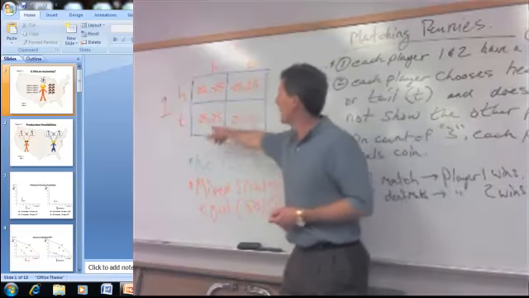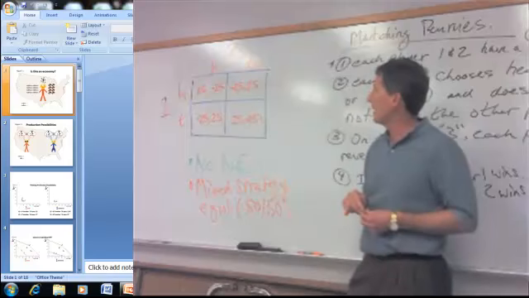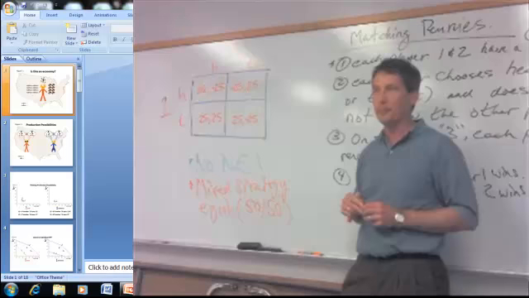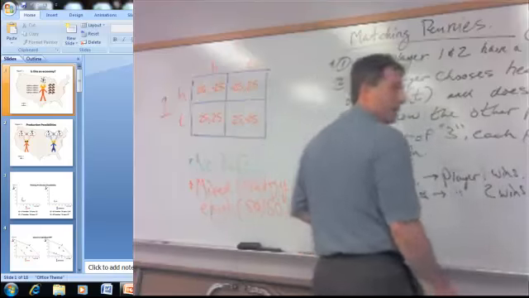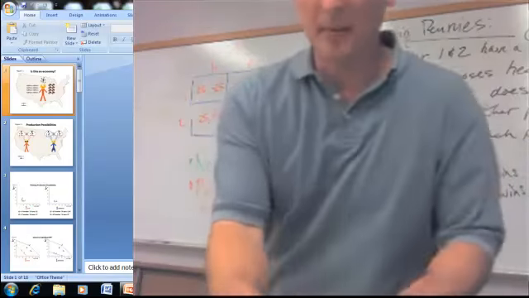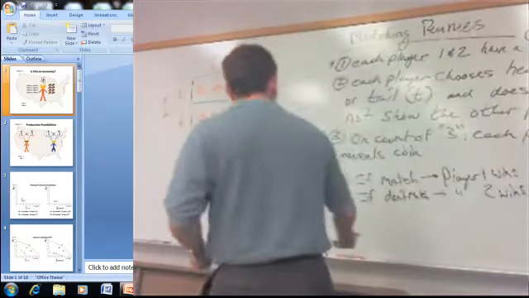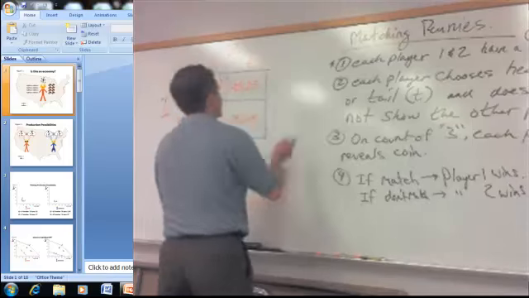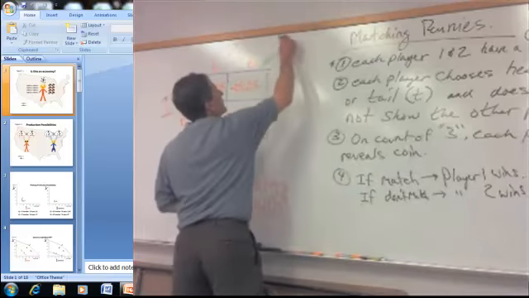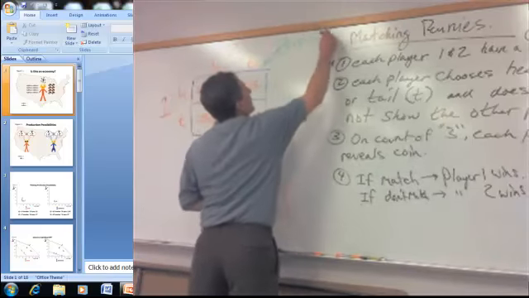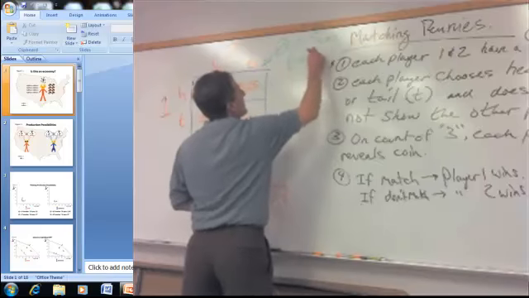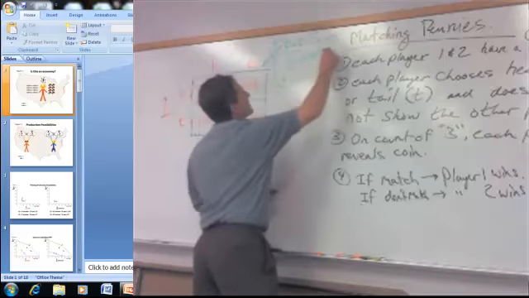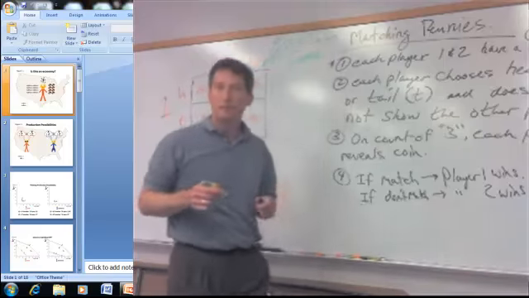The last thing I want to comment on is the type of game it is. This is called a zero-sum game. I think maybe I've mentioned that before. You may have seen it in other classes or cases, but this is a zero-sum game. What does that mean? A zero-sum game.